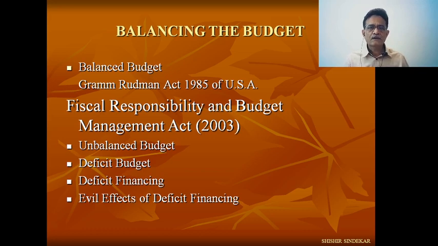How? For temporary purposes, for a short-term period, the government can print, the RBI can print more notes also. So in this way, the deficit can be financed by printing more notes, by providing more loans to the government.